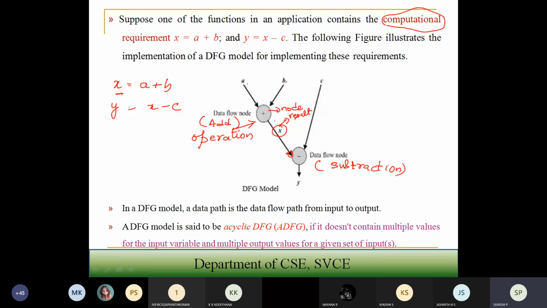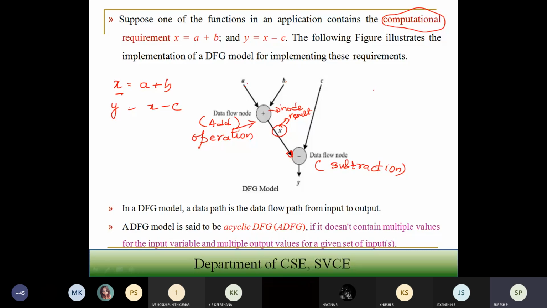Your A and B will be inward arrows to that particular node. The node determines what type of operation you have to do, and what data you require. Next, the output you are going to get here is x.